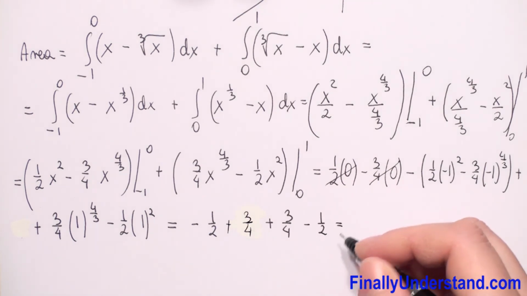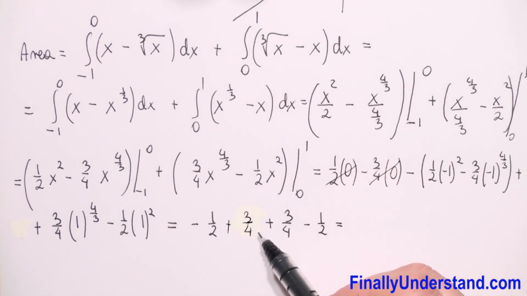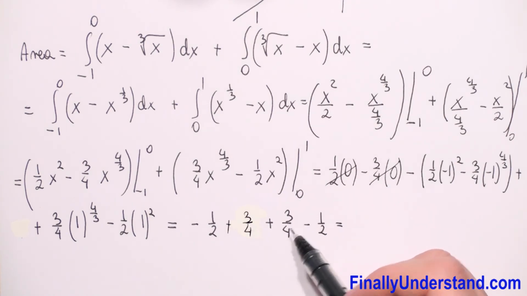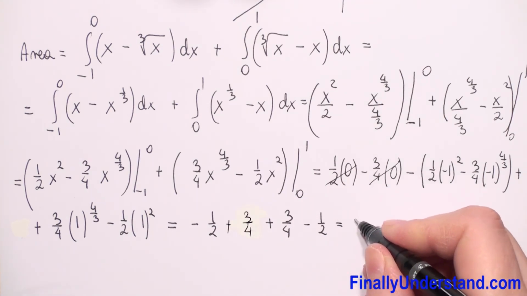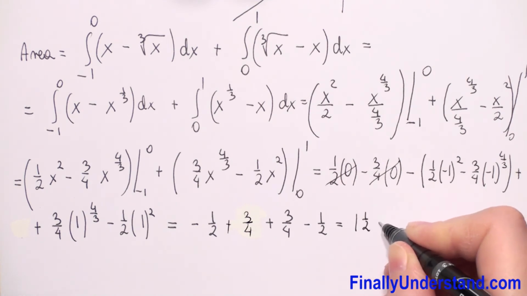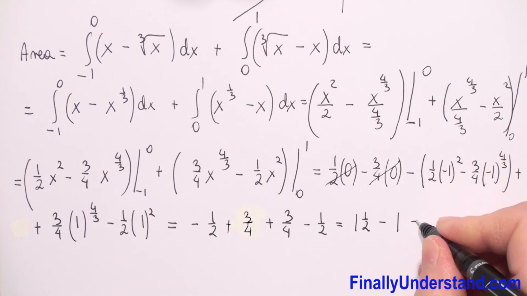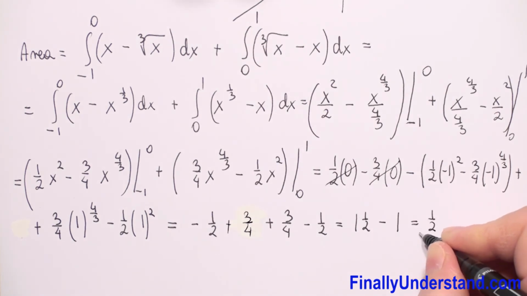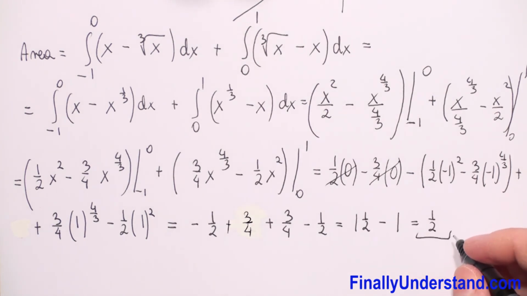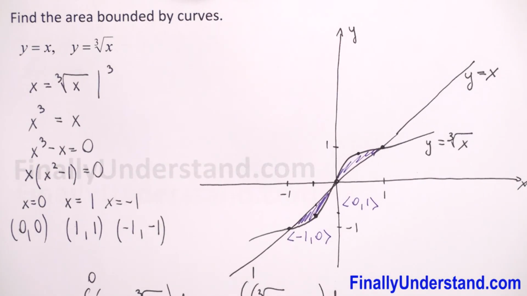We have 3/4 plus 3/4, which is 3/2, minus 1/2 minus 1/2 is 1. So this is equal to 1/2. We got our area equal to 1/2 square units.